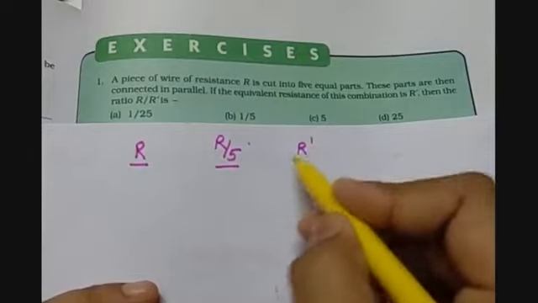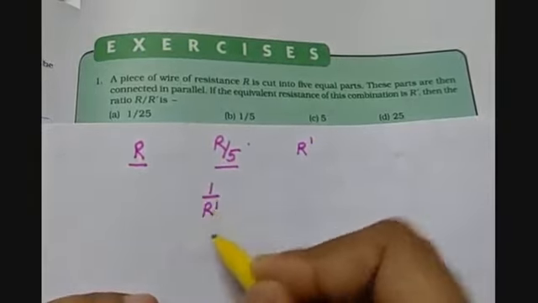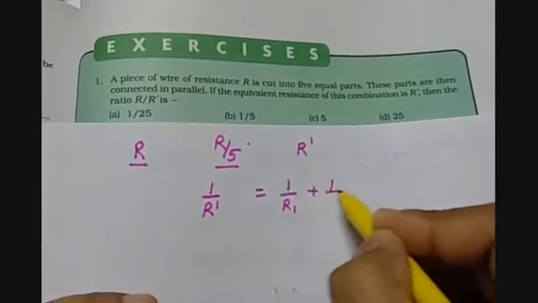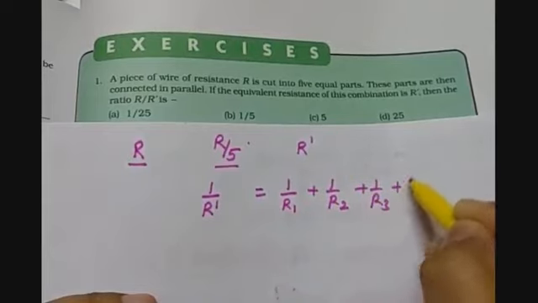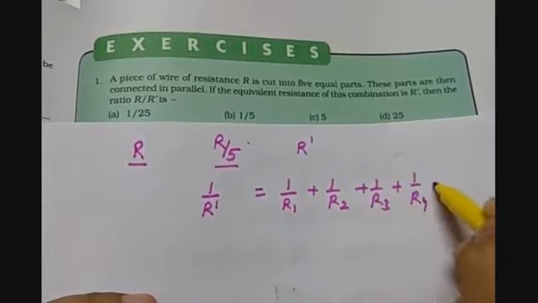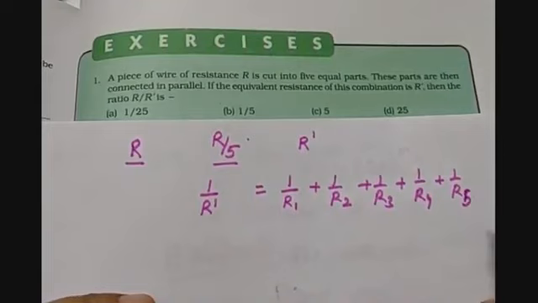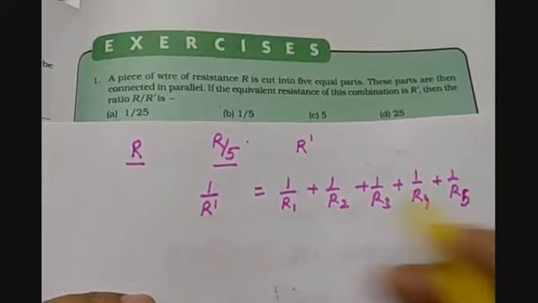So that R dash can be calculated as 1 upon R dash is equal to 1 upon R1 plus 1 upon R2, 1 upon R3, 1 upon R4 and 1 upon R5, which is the general formula for calculating the equivalent resistance in a parallel combination of resistors.